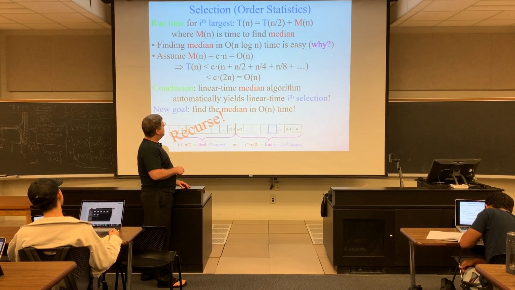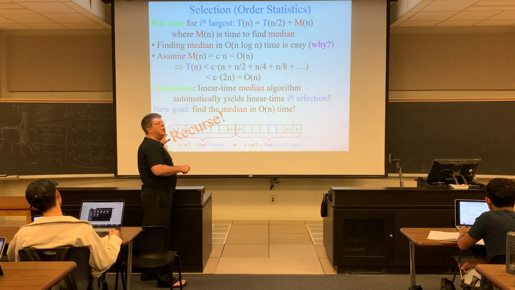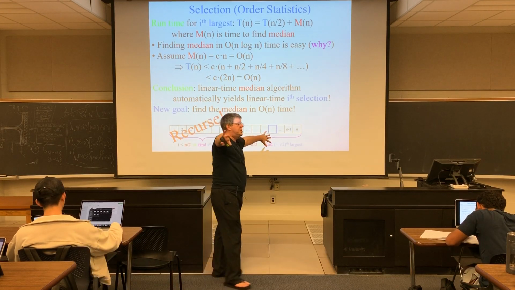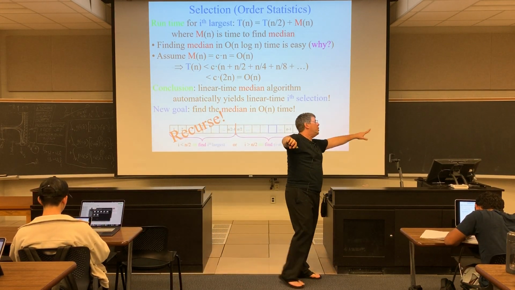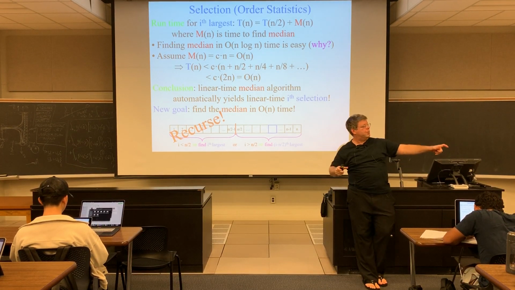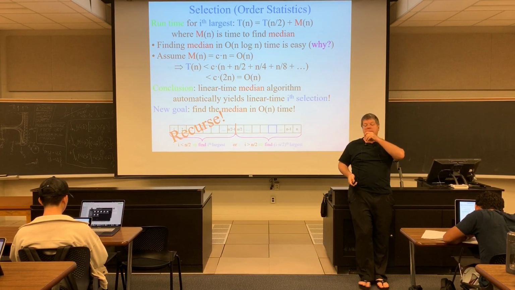What you do next, just like in quicksort, you partition around this pivot, the pivot being the median. So you put everything less than the median to the left of the median. You put everything larger than the median to the right of the median. In other words, you separate the array into smaller things and larger things than the median. And then you recurse on the right portion. Okay, but that's a very good question.